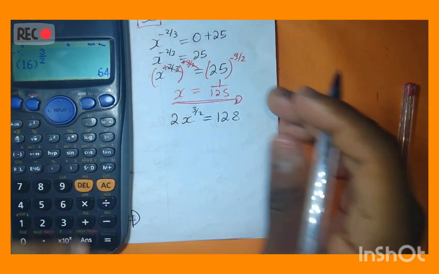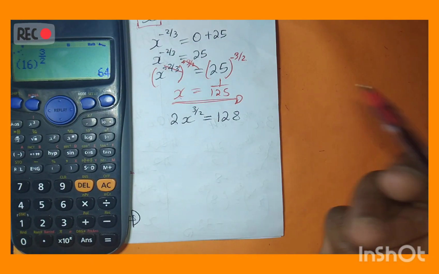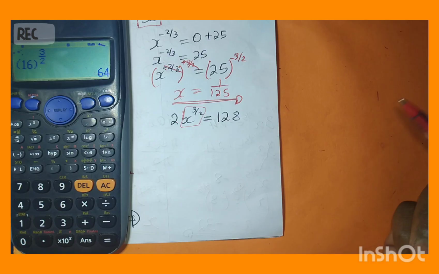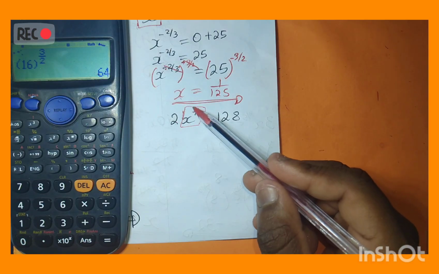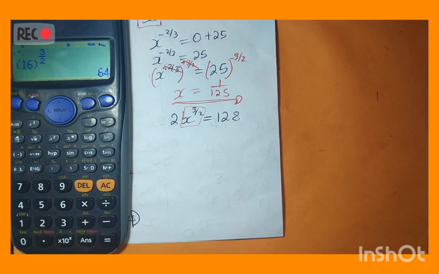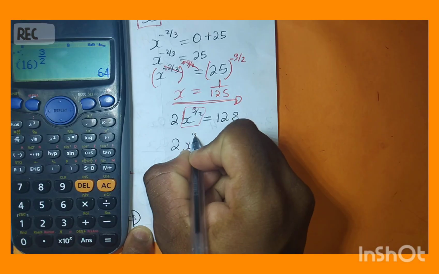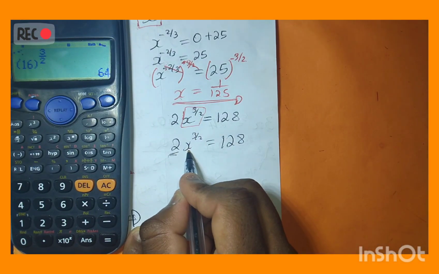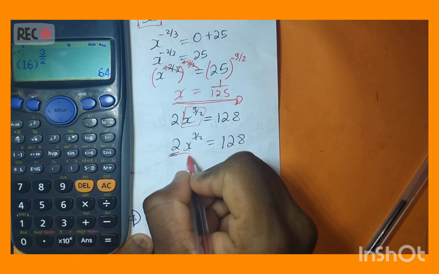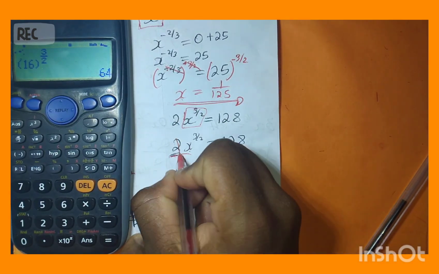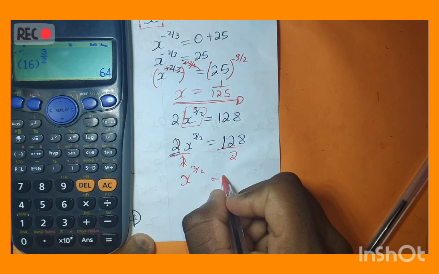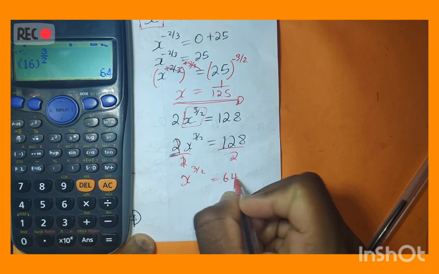Then what about this one? So even as well as this one, you should try to make this thing alone in order for you to take a reciprocal of the exponent fraction. Meaning that what I can do there, I can divide here. What is in front, I divide by it on both sides, so that it will get cancelled. This is what I have there. This divided, I think it's 64.